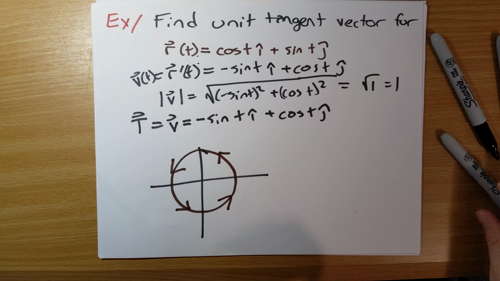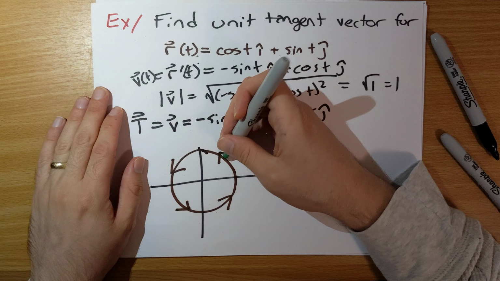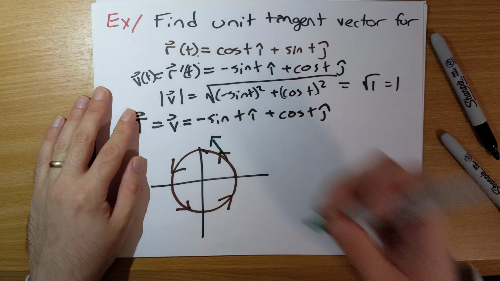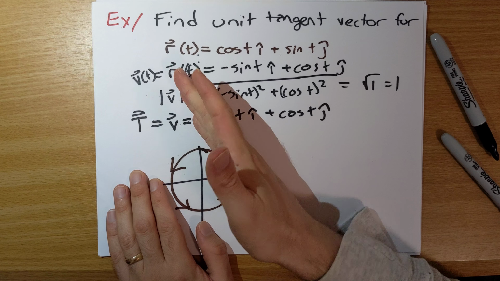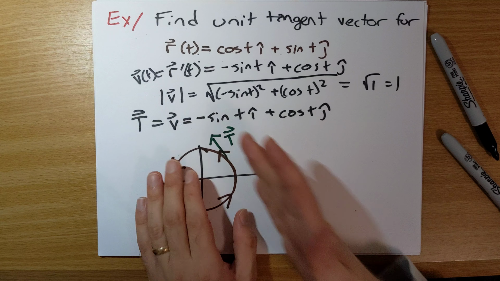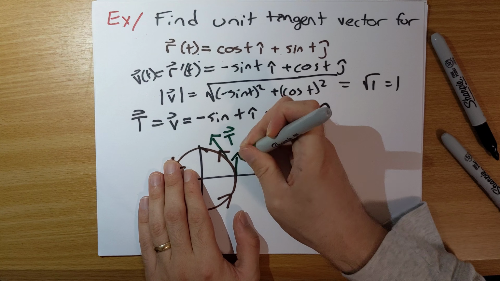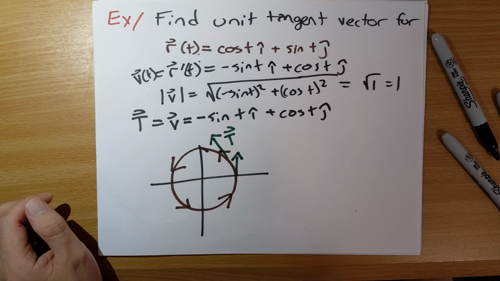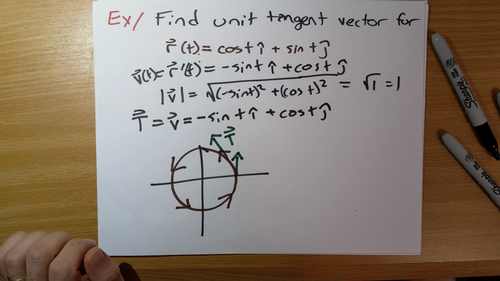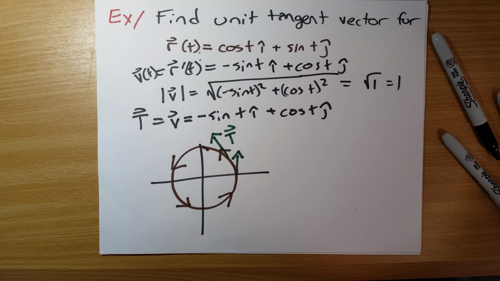And the important fact here is that this is an example of what T is. As you're going around the circle, this vector here is tangent to the curve right there. So this is a nice important example. Okay, hope you enjoyed all of these videos so far.